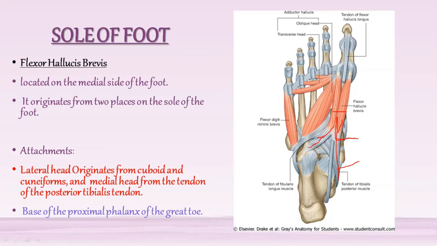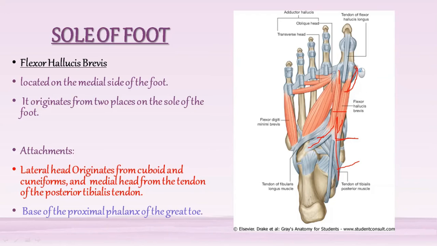and cuneiform bones. Both these heads insert on the base of the proximal phalanx of the great toe. Look at the picture. This one and this one. Both the heads insert on the base of the proximal phalanx of the great toe.